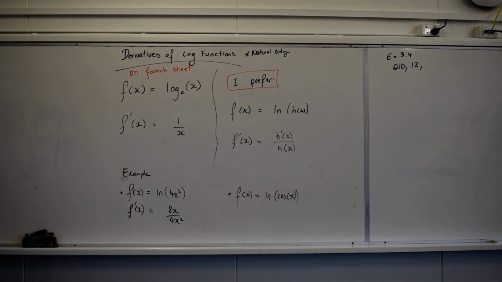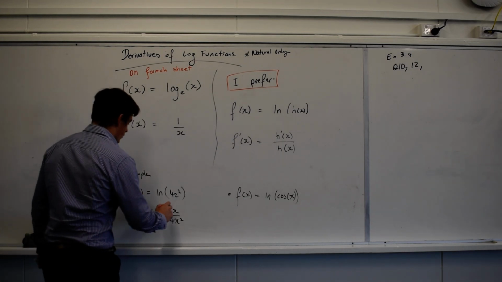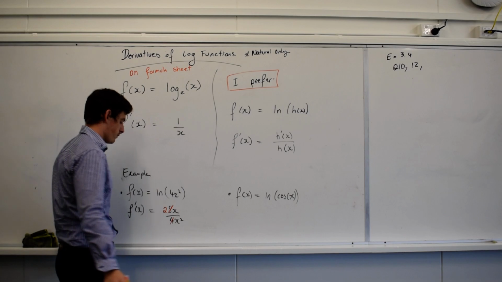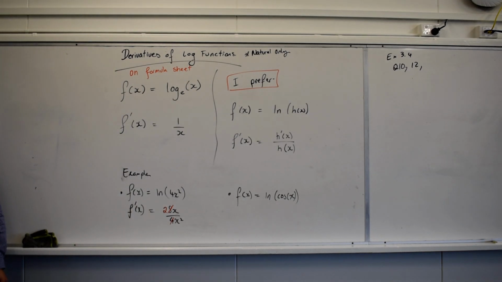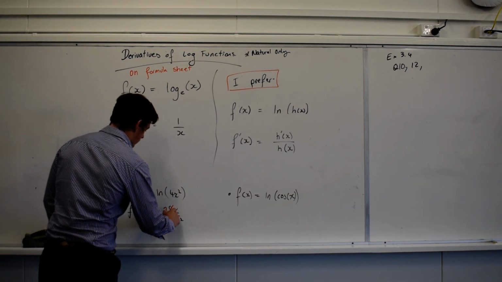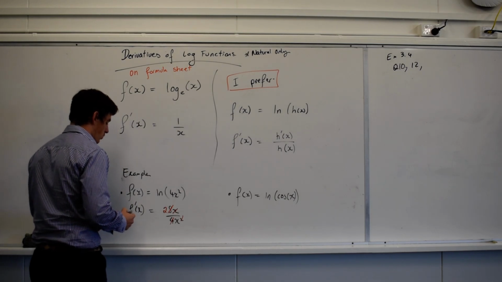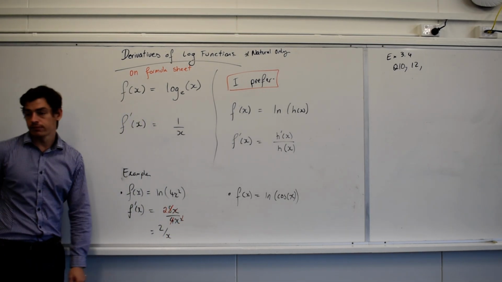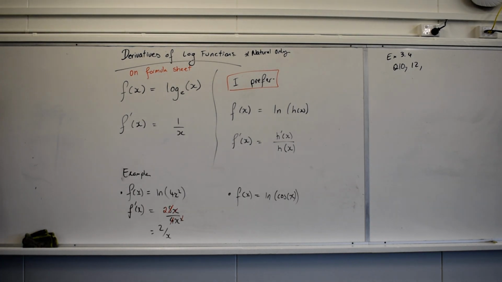What do I need to do? Yeah, simplify. So I can cancel this and this, correct? And that will leave me with 2. Am I done simplifying? Over x, very good. So my final answer would be 2 over x. Cool?